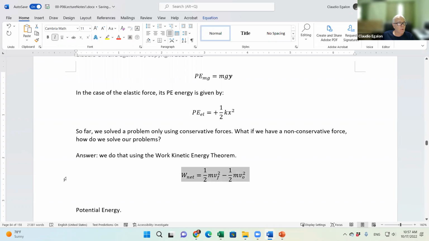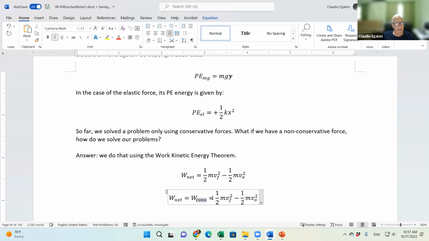And then you have to know that there are only two types of forces. That is the conservative forces, and there are also the non-conservative forces. I'm going to put NC here and C here.